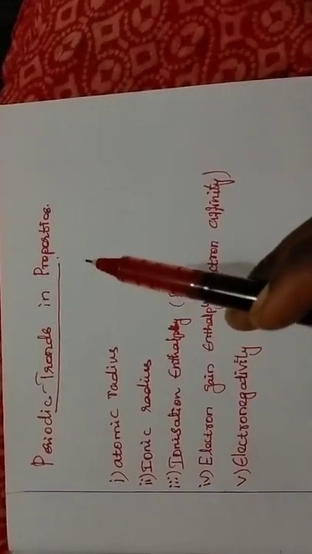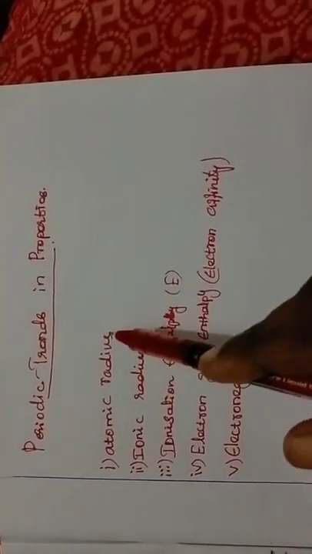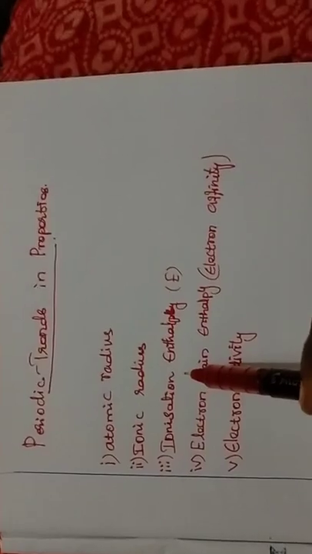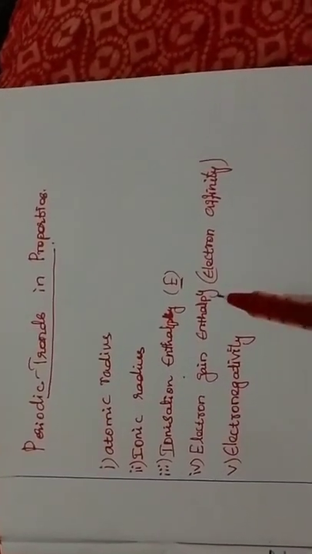Okay, so periodic trends in properties. What is periodic trends? It's observed in physical and chemical behavior of elements. So physical and chemical behavior of elements are generally known as periodic trends in properties. Okay, so we have totally 5 periodic trends: atomic radius, ionic radius, ionization enthalpy, that means energy, and electron gain enthalpy.